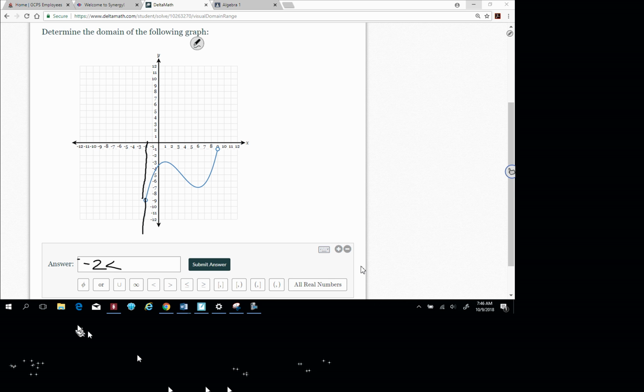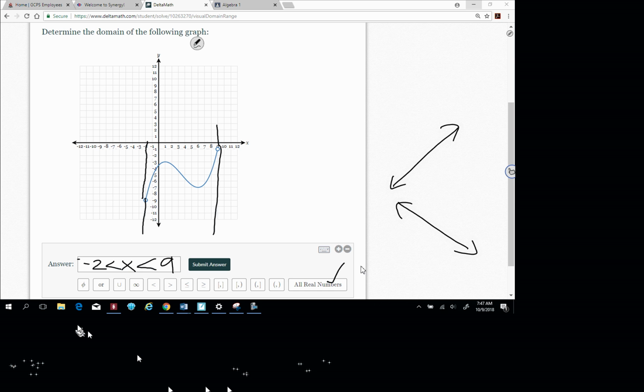No line. And if I'm dealing with domain, I know I'm dealing with x, and because they want you to use the inequality signs on them. Then right here, what's the biggest x they have? 9. And see how it's an open circle? I would use no line underneath it, and that would be your answer. Remember, if it is a line that looks like this, any linear line, what's always your domain or range? To infinity, or all real numbers. Or you put all real. Yeah, you can just click that.